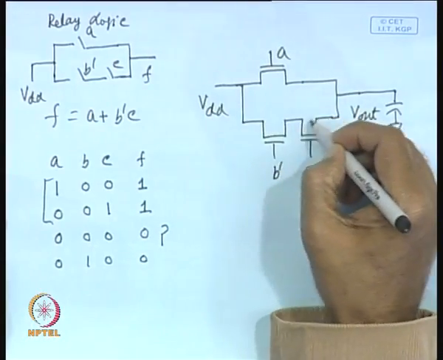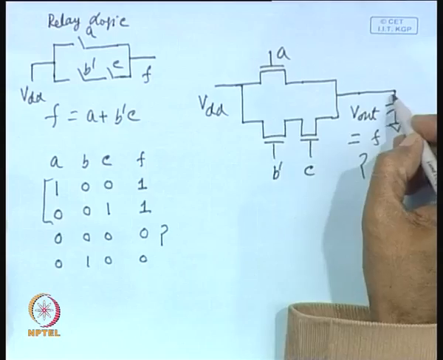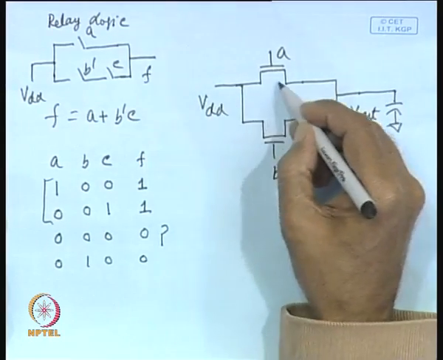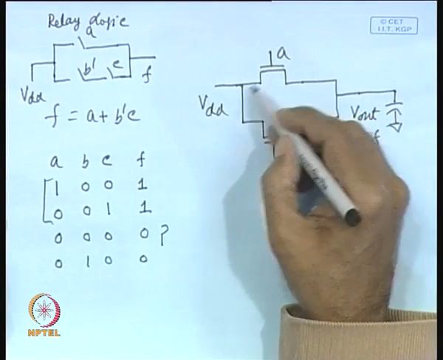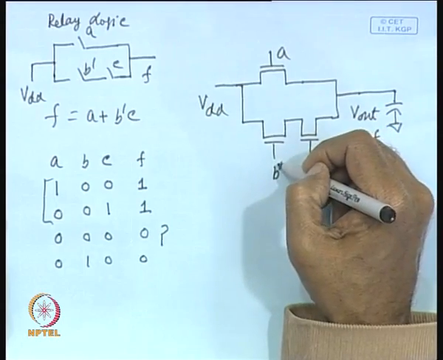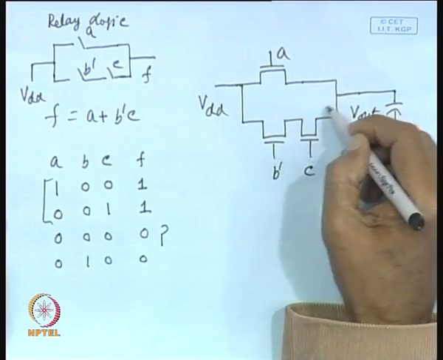In that case, what is the solution? The solution is that we have to realize the circuit in such a way that it will provide a path for 0 also. That means, for 1 it is getting a path through this, to charge this capacitor to high level. When A is 1, this is the path, when B dash C is 1, this is the path.